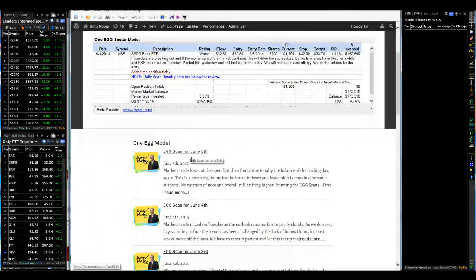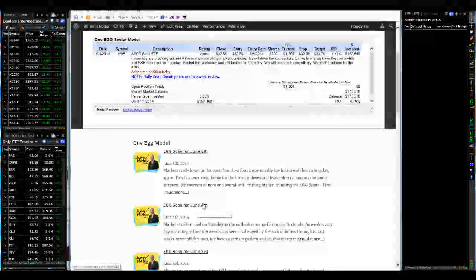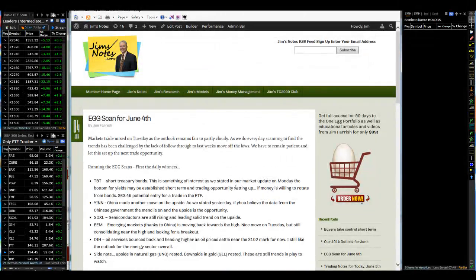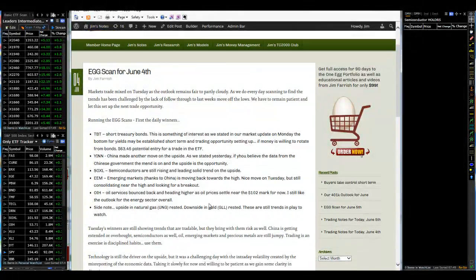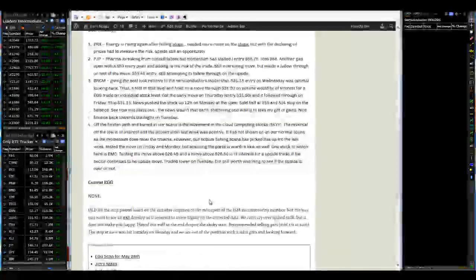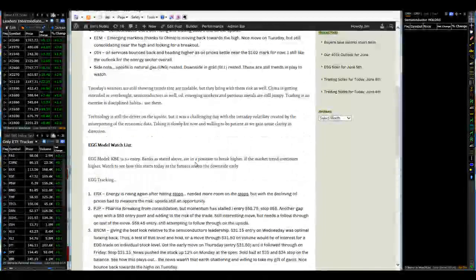And I think it was either last night or the night before, I wrote in the egg scan notes that one of the things that was interesting to me is what was setting up relative to the egg. It must have been the night before this. Is that we actually had two things setting up. One was banks, and the other was the emerging markets.